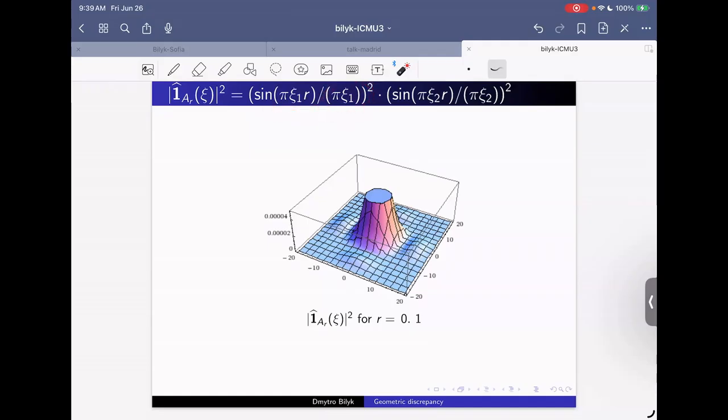And as you can see in the picture, as you move away from the origin, away from T1 equal to zero, you cannot really see the dependence on R. Things essentially die out.